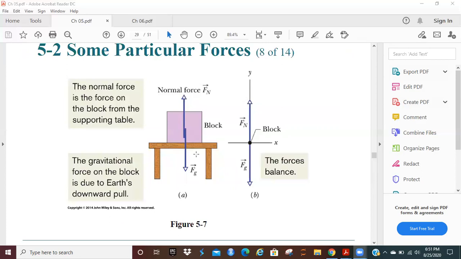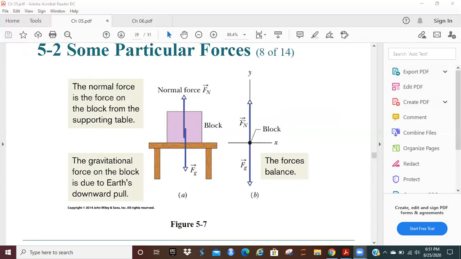It's not moving, and if it's not moving, it's not accelerating. So it's experiencing two forces. You've got the force of gravity, which is trying to pull it through the table, but the table is strong enough to exert a normal force in the opposing direction such that the block is not moving.